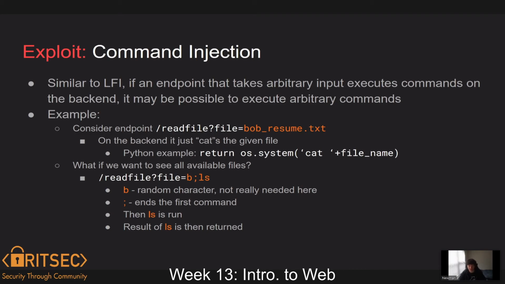Add a semicolon to end the command, and then run ls. And then the thing that'll be returned instead of Simon's resume or B, whatever that is, it'll return the content of ls. So we'll see all the files in whatever directory that it's running. And you can use your imagination, run lots of other different types of commands with this sort of thing.